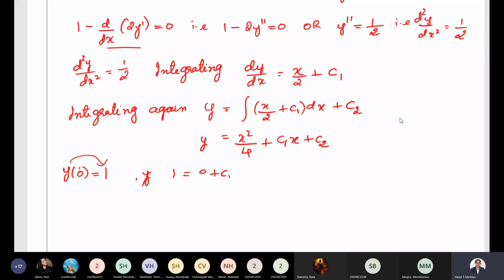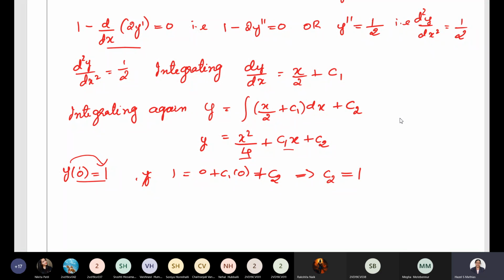So what will be the value of c2? It is 1. When you put y of 0 equal to 1, x is 0, so this term will be 0, this term will be 0, c2 is equal to 1.